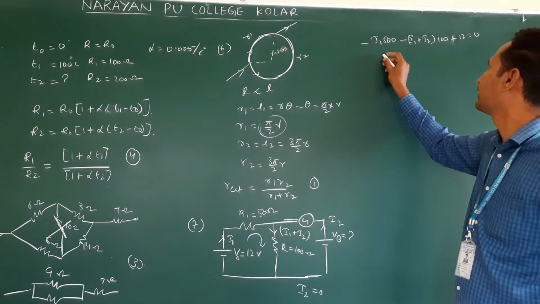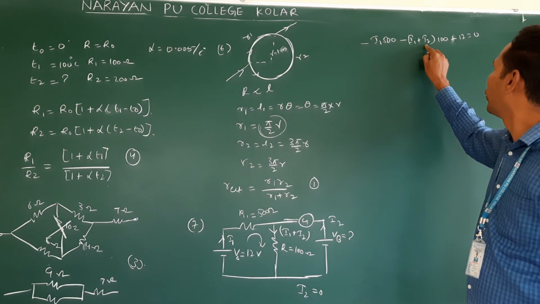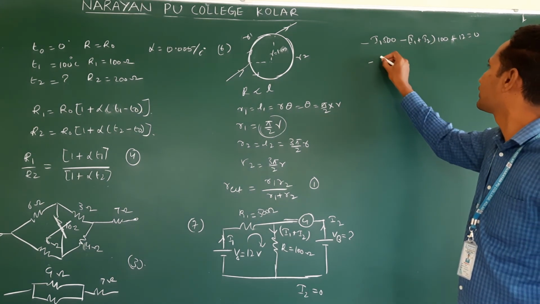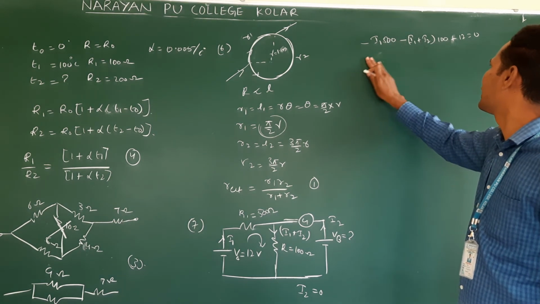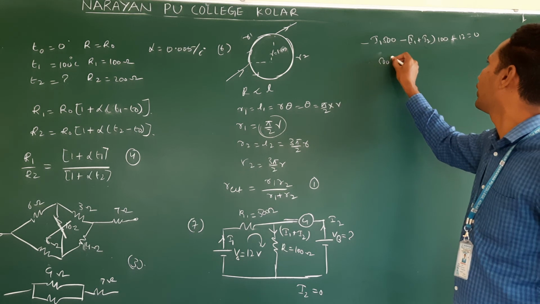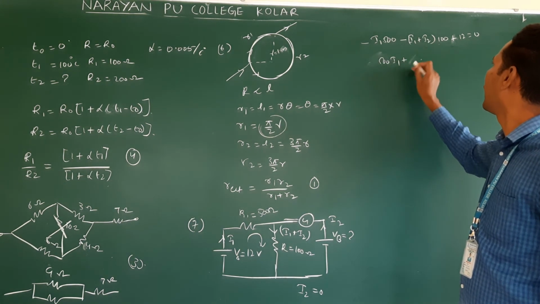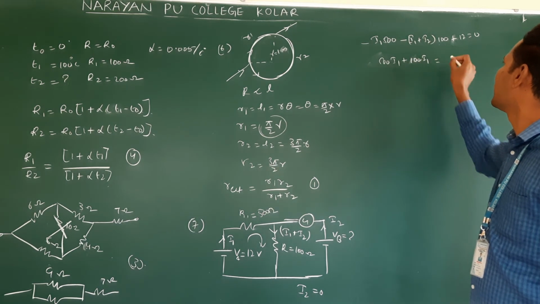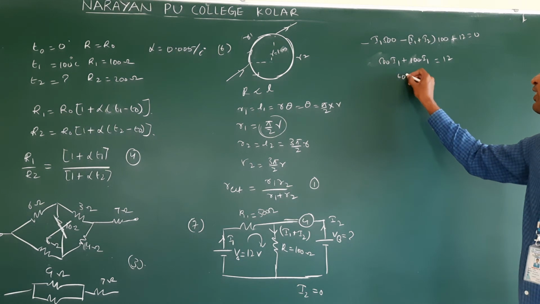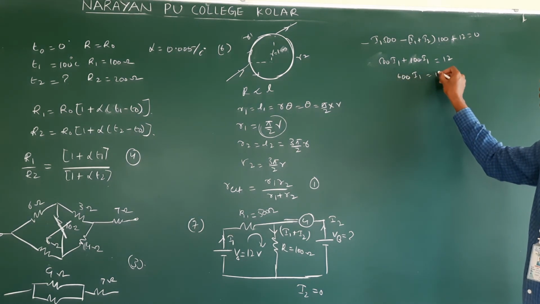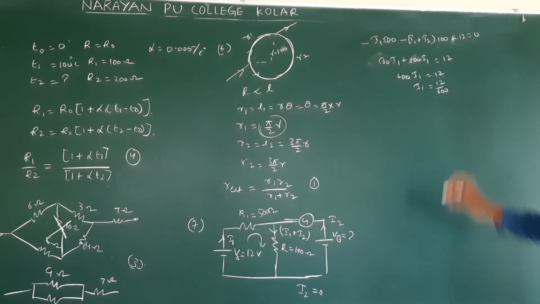Already I2 they mentioned 0. So we can write minus 500 I1 plus 100 I1 is equal to, what is this? 12. Then 600 I1 is equal to 12. I1 is equal to 12 by 600.